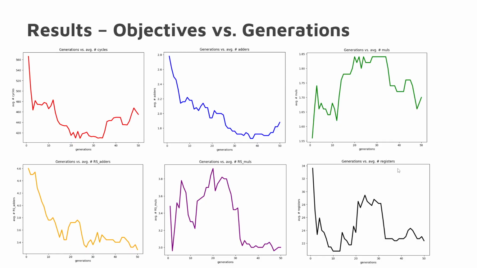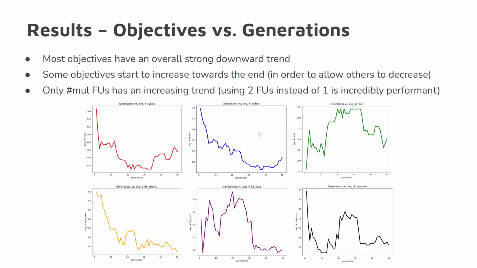And the register file size, overall, ends up lower than where it started, but there is a moderate spike up in the middle. So most of the objectives have an overall strong downward trend.